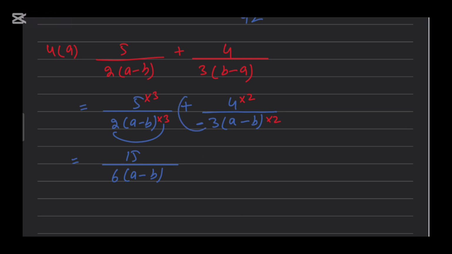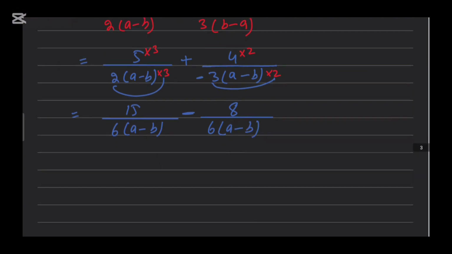Okay, and plus and minus signs will be multiplied. Plus and minus will be multiplied, so it will become negative here. 4 2s are 8 over 3 2s are 6. 3 and 2 will be multiplied, 6, a minus b. So this is the way you will solve this step.